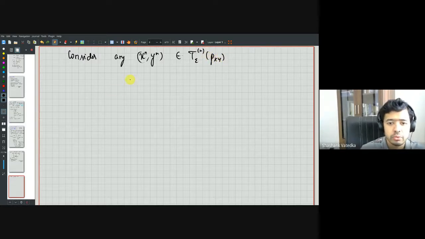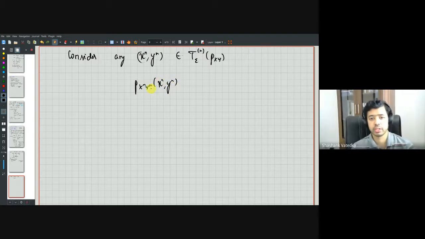Okay, so what we want to know is what is the probability of occurrence of this particular sequence which is typical?